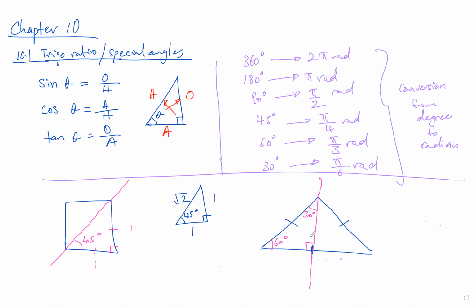So cut into half, this becomes 90. Equilateral triangle, all the sides must be the same. So we take this as 2, 2, and this one becomes 1. If this is 2 and 1, then this becomes square root 3. That's why this gives rise to another special type of triangle where you have this as 60 degrees, this is 30 degrees, this is 1, this is square root 3, this is 2.